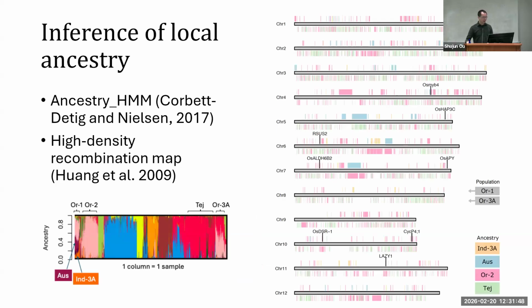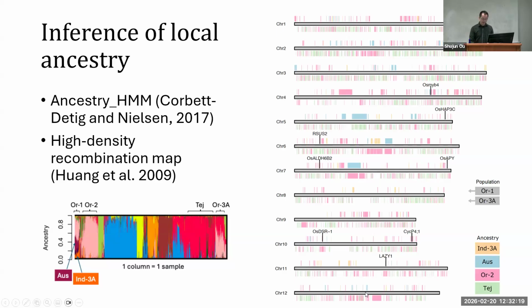So I used a hidden Markov model to identify ancestral regions from the two rice populations, using indica 3A, OSH, and temperate japonica as the donors and OR2 as the receiver, analyzing OR1 as the top track and OR3A as the bottom track, to see whether these regions derive from introgression or from the wild population.